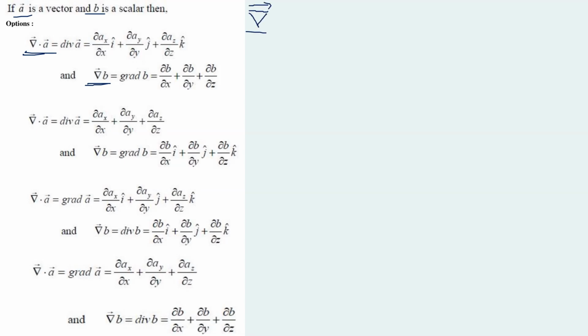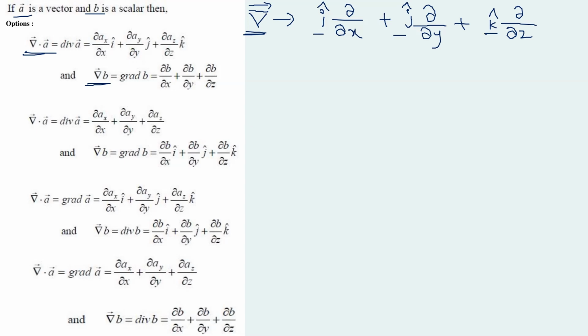It is also called the gradient operator, which is defined as i times dou by dou x plus j times dou by dou y plus k times dou by dou z. Here i, j, k are unit vectors along x, y, z directions.